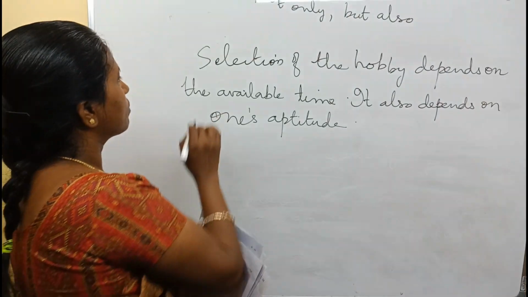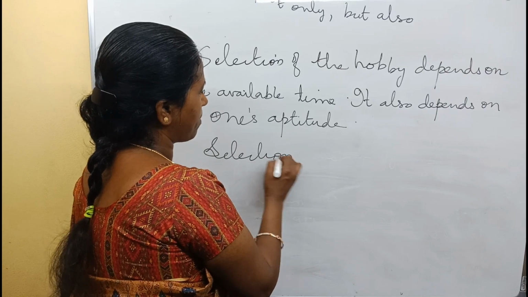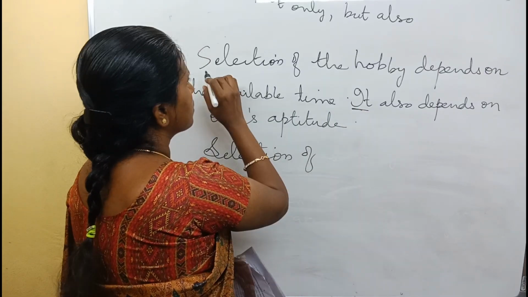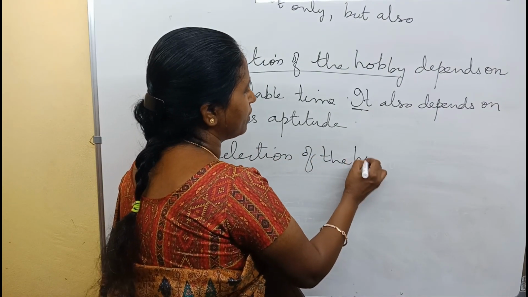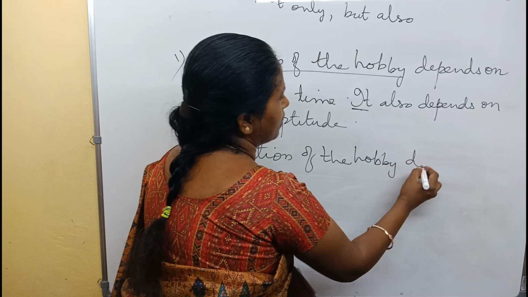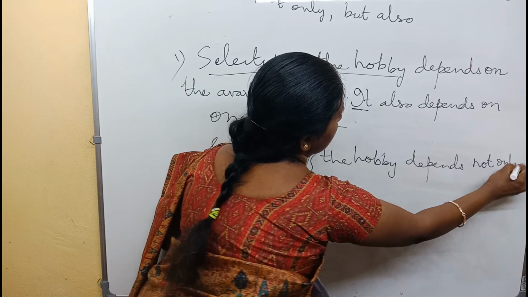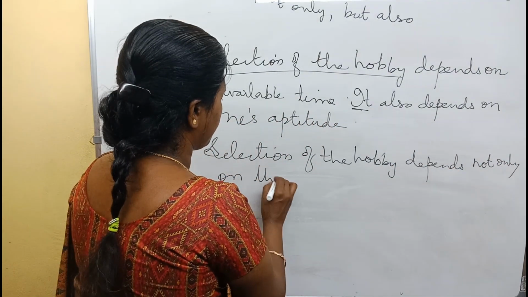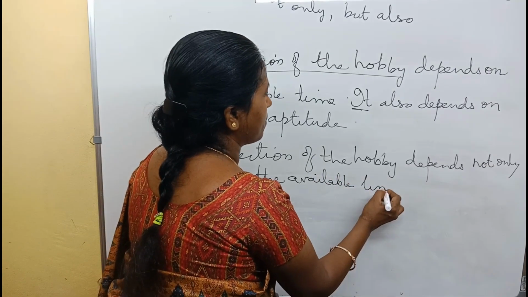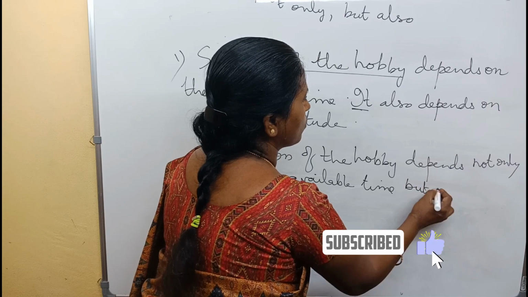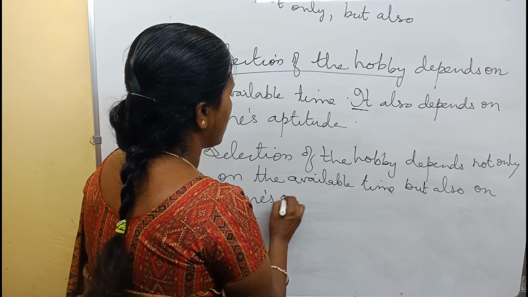So how are we going to combine using not only but also? It denotes selection of the hobby. Okay, selection of the hobby depends not only on the available time but also on one's aptitude.